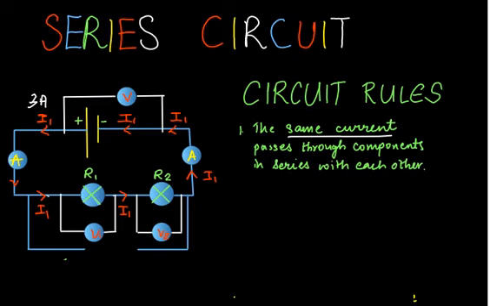At this point it is 3 amps, again here it is 3 amps, here again it is 3 amps, and here again it is 3 amps. Also here it is 3 amps. So I1 is repeated all over. That means the same current is passing through a series circuit. Throughout the circuit, wherever there is a current shown in a series circuit, it will have the same value. So this is the first rule: the same current passes through components in a series circuit with each other.